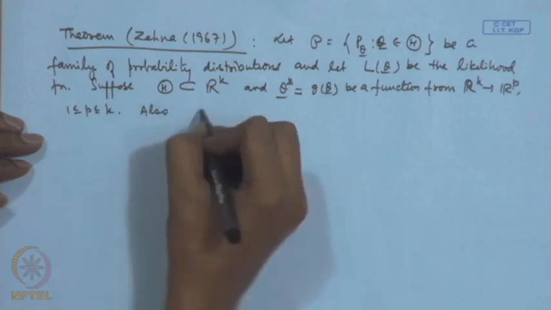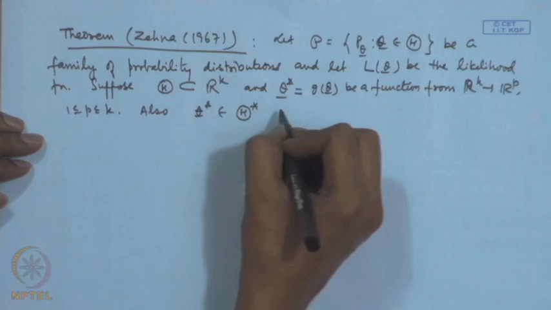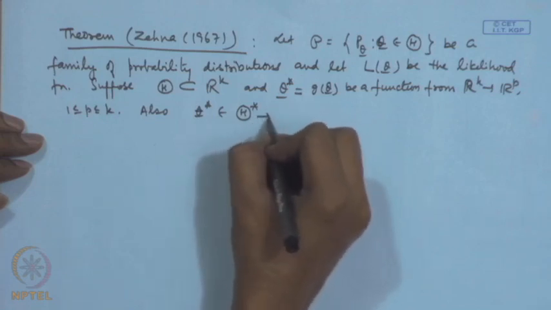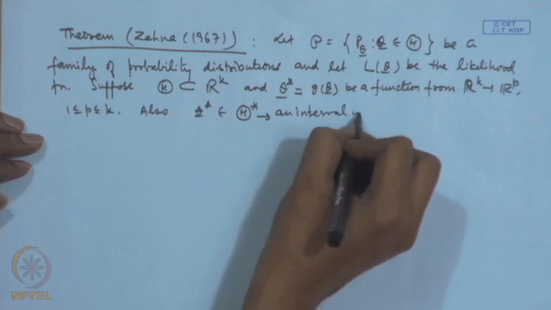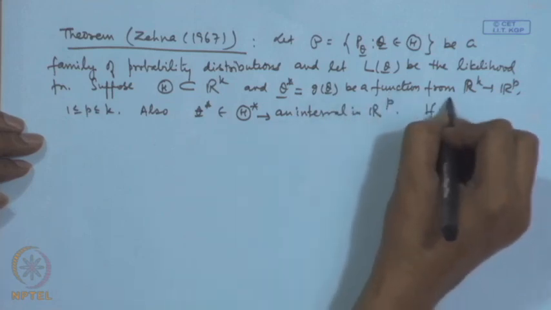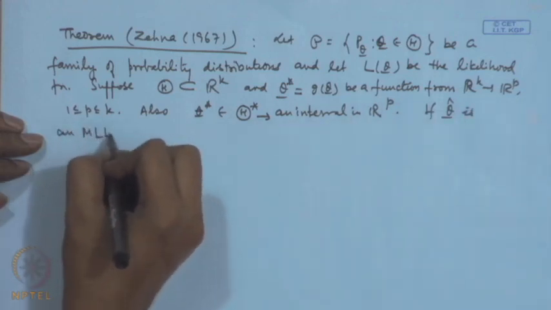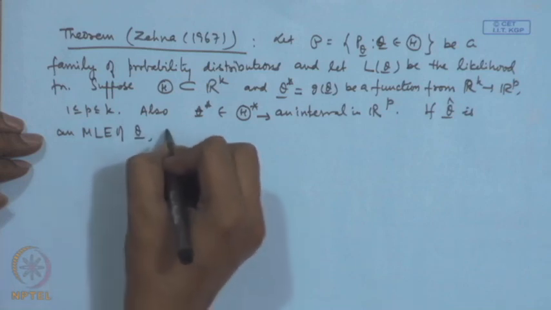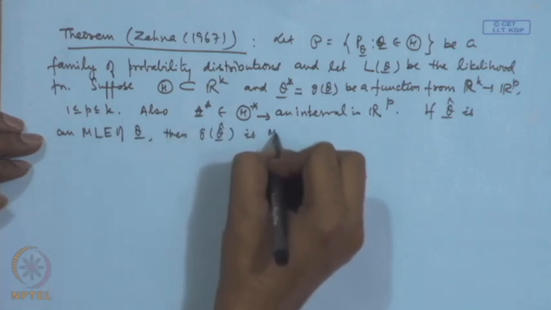Also, we assume that the range of g is an interval in R^p. So, if theta hat is an MLE of theta, then g of theta hat is MLE of g(theta).